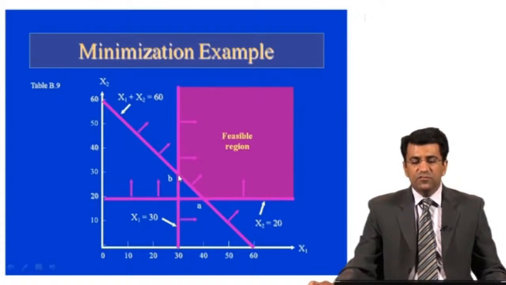We will put this value of x1 equal to 30 in the equation x1 plus x2 is equal to 60. So we will get the value of x2 equal to 30 as well. So the point will be 30, 30, that is x coordinate is equal to 30 and y coordinate is equal to 30. So in this way we can find the coordinates of point B.